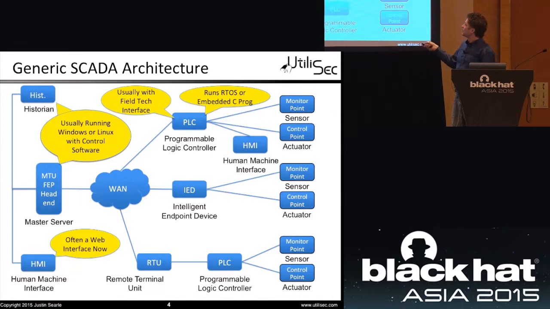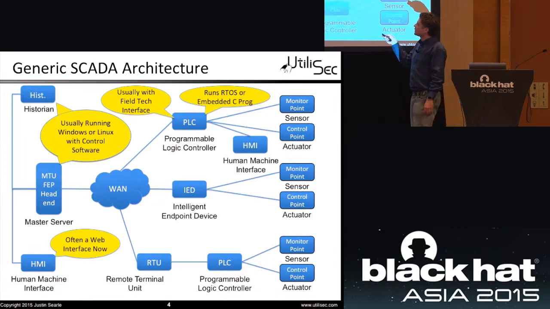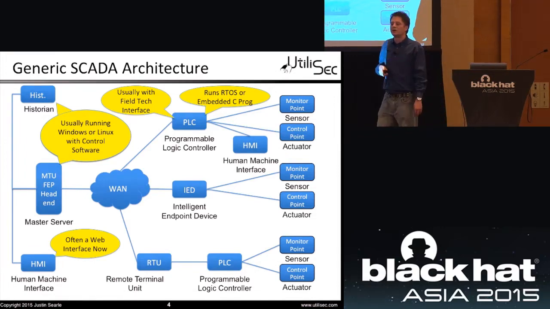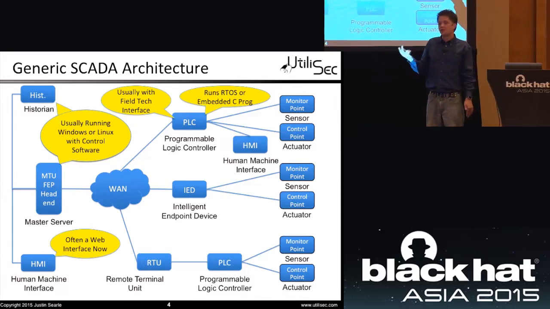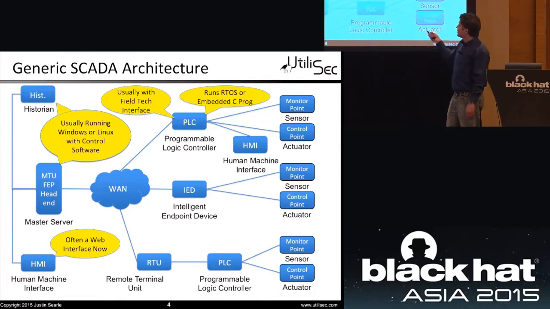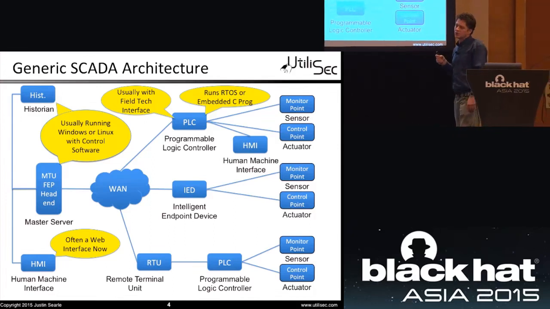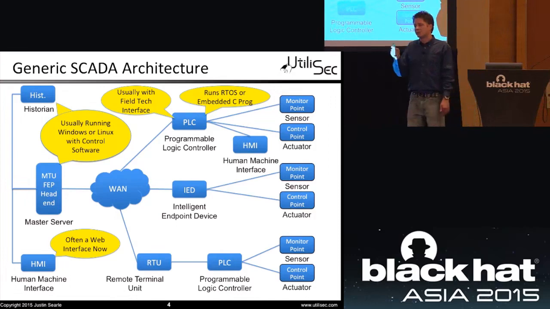Now, to that master server, while it's trying to coordinate all this, it has two other types of devices that are often connected to it. We'll generally have a historian, and that historian is a form of a data store. Often it's going to be a database. It may be a relational database, like an Oracle database, or a Microsoft SQL Server. That's something that we definitely could have. But when we talk about historians, we're not implying a relational database.